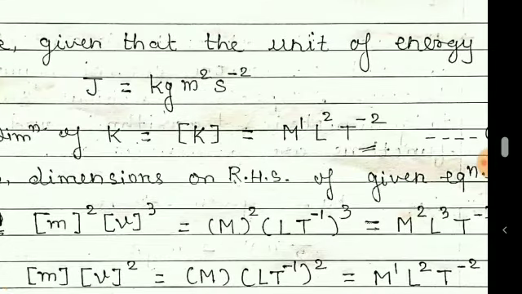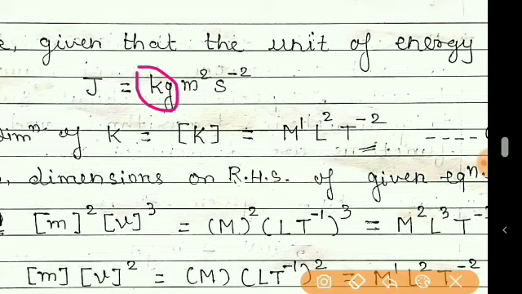Once again we can see from this unit, kg is the unit of mass. So here there is M symbol for mass, and its power is given as nothing. Nothing means it is always 1. So M raised to 1.